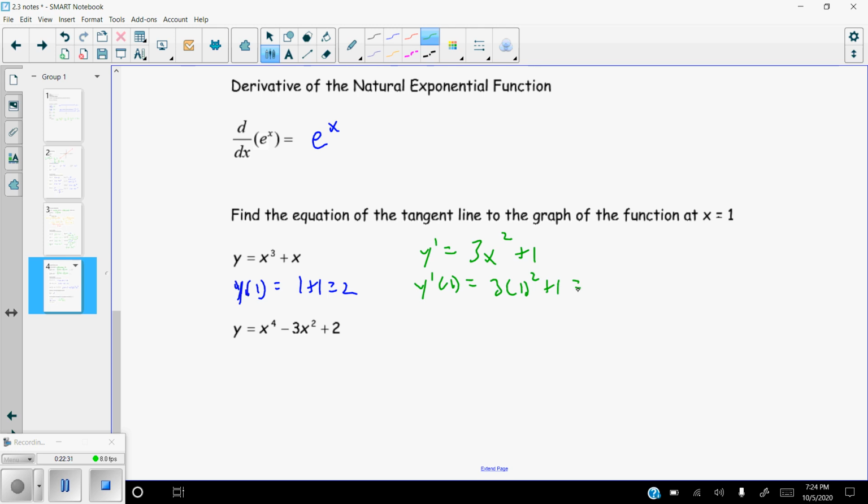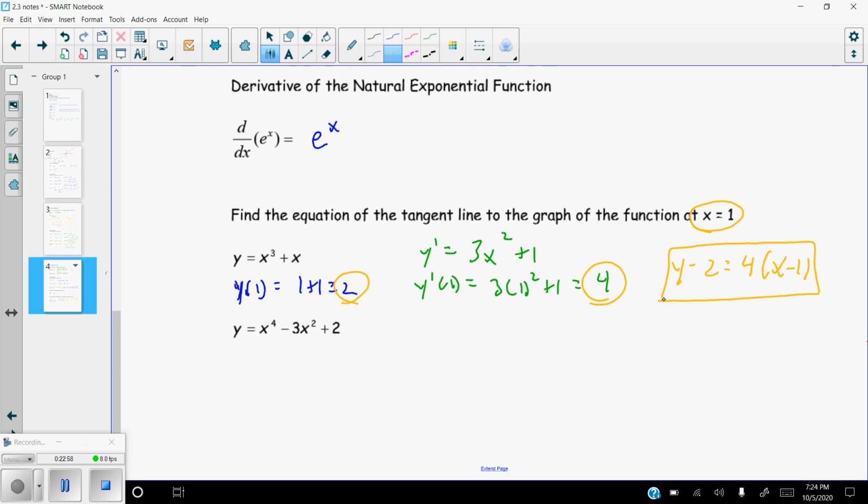So that's going to be 3 plus 1 is 4. So now I have the slope, I have the x, and I have the y. So now we can write the equation. y minus y1, which is 2, equals slope, which is 4, times x minus x1, and that's the equation of the tangent line.